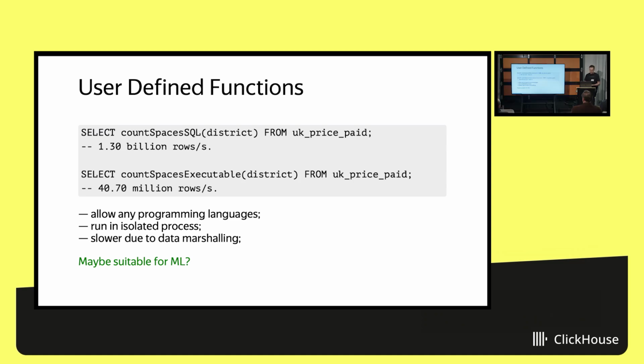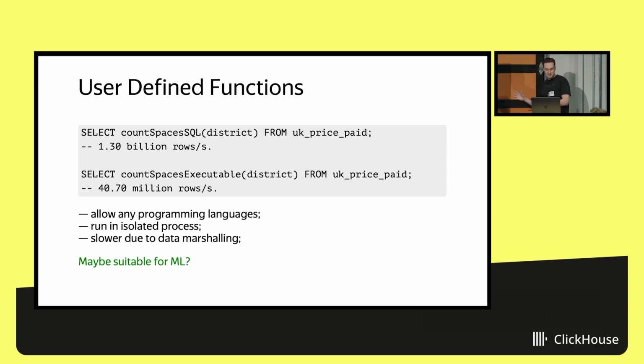The second function, with a Python script, runs at only 40 million records per second. If I did not show you this, maybe you would say that 40 million records per second is quite good. But you have to know what ClickHouse is capable of doing, and compared to typical ClickHouse queries, it is not fast. But the upside is that it allows any programming language.